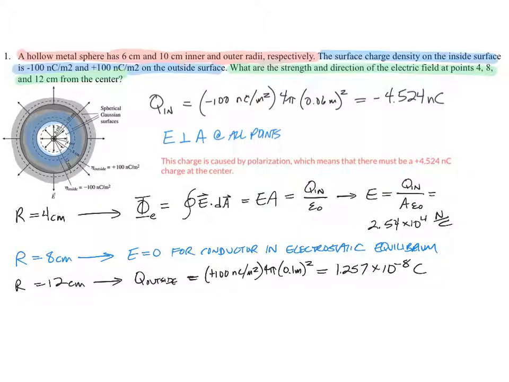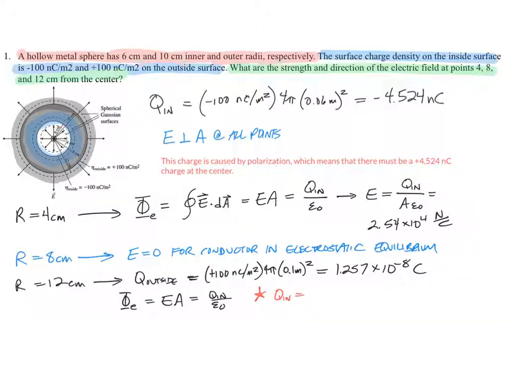And so for our flux equation, we can go straight to EA equals Q enclosed per epsilon naught. But Q enclosed, what is that going to be? We need to know what the Q on the inside is. And this is the Q enclosed relative to Gauss's law. So we need to stop, drop, roll, and figure that out.